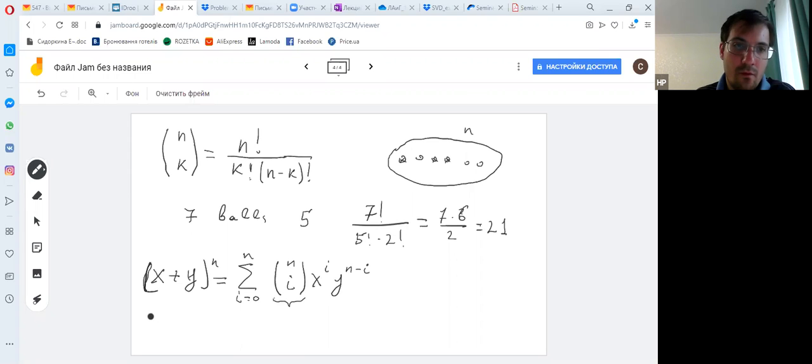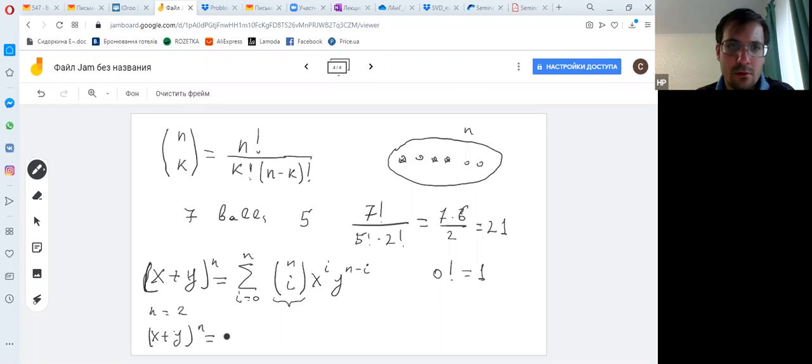For example, for n equals 2, I should remind that 0 factorial equals 1. For n equals 2, you have x plus y in power 2.